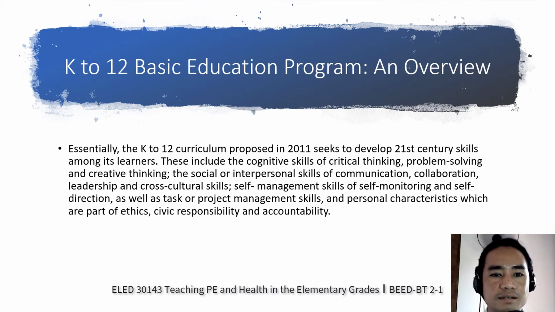As we can see, this is the goal of the K-12 curriculum as a whole, and not just for some subjects or not just for physical education as an example. Essentially, the K-12 curriculum proposed in 2011 seeks to develop the following 21st century skills among its learners.